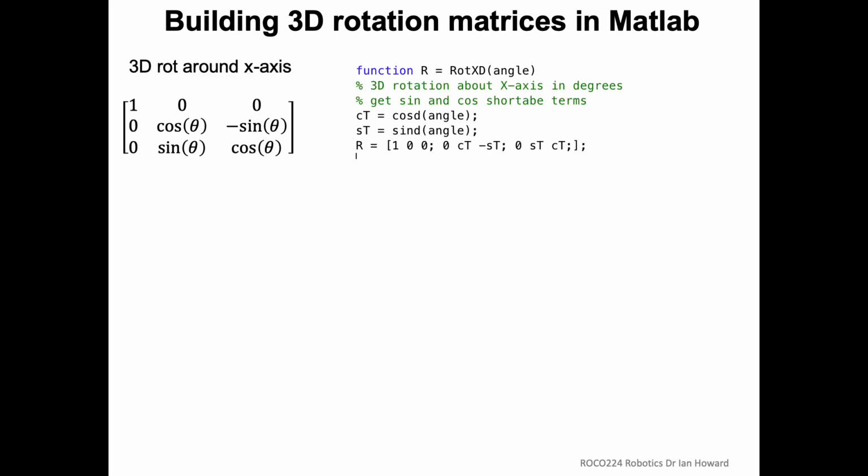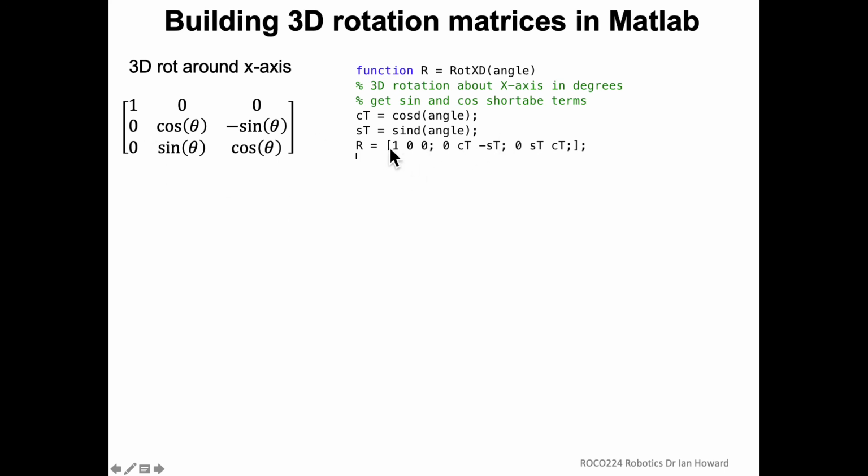It's very easy to build these kind of things up in Matlab. Probably some of you have already done it. They are also available in the robotics toolbox, but basically you can easily set up a function. You want to calculate your sine component and your cosine component. In this case, I'm actually giving it values in degrees, so I'm using the cosd function rather than cos. Cos will take a radian argument.